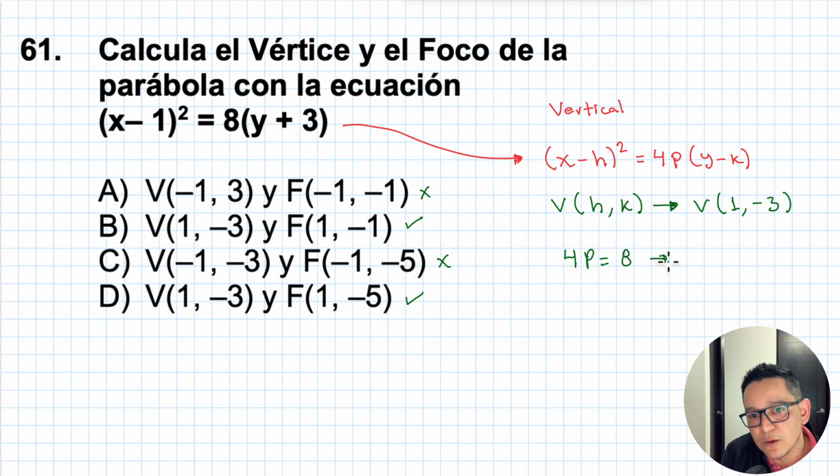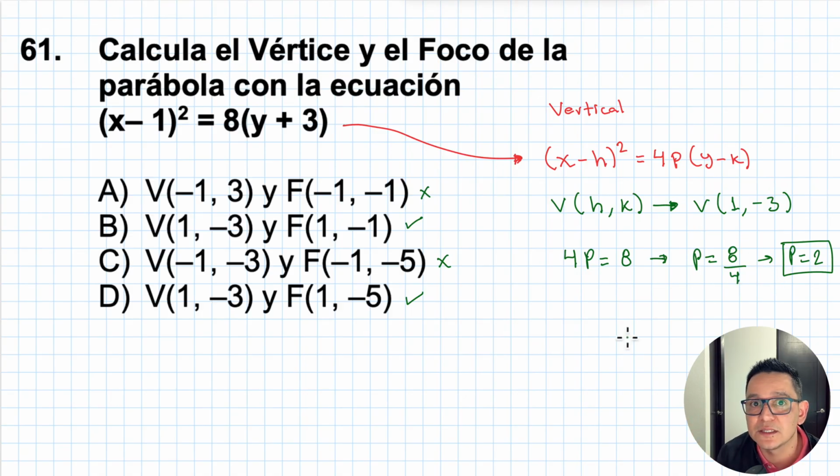If 4p equals 8, then I can solve for p: 8 divided by 4, so p equals 2. p is the distance from the vertex to the focus. So starting from the vertex, 2 units up is where the focus is.